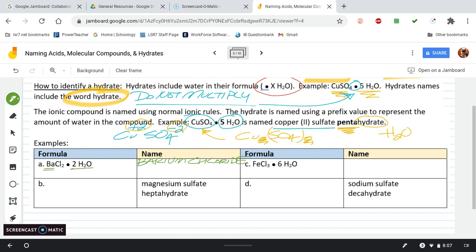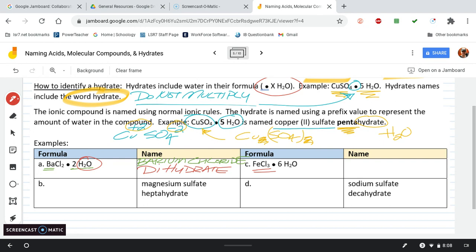So the prefix for 2, and you just learned this, you probably don't remember it, is di. So it's going to be di. And then I'm replacing the water with hydrate. Dihydrate. So the dihydrate means 2 water. So barium chloride dihydrate.